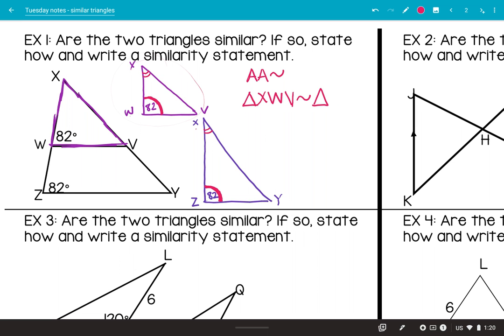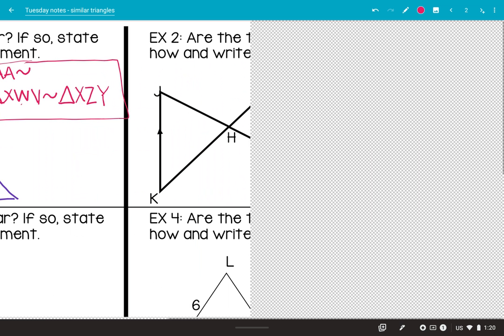So in the second triangle, I do have to start with that same one that has two arcs. The second letter had the one arc, so I'm going to have to do that. And the third one has no arc. And so that's how we prove they are similar. And let's go on to the next one.